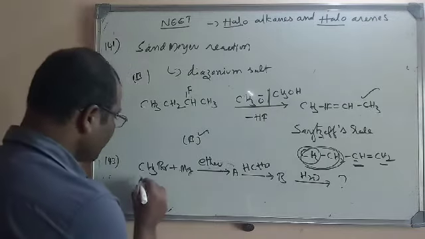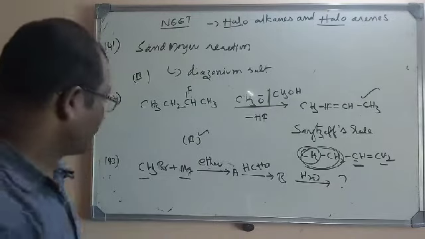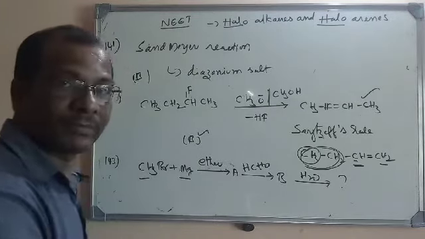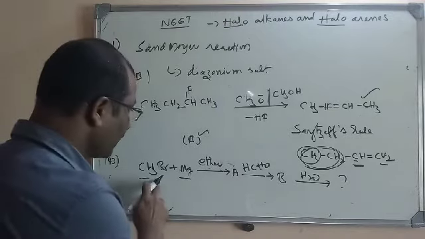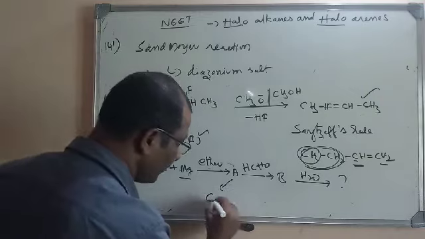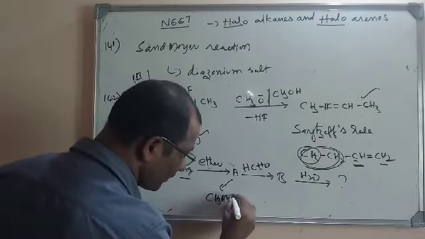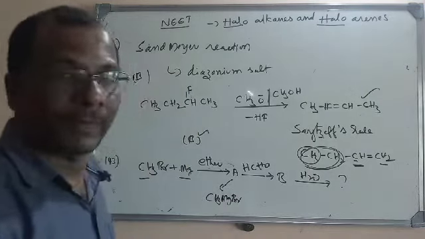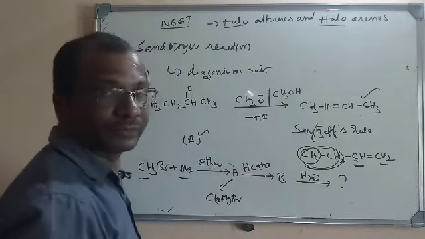If you observe this reaction, this is an alkyl halide and magnesium, so we get alkyl magnesium bromide. Grignard reagent will be formed. So A will be CH3MgBr.